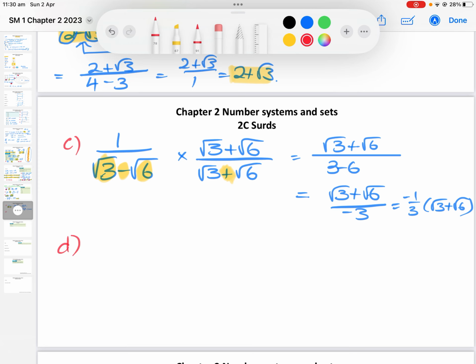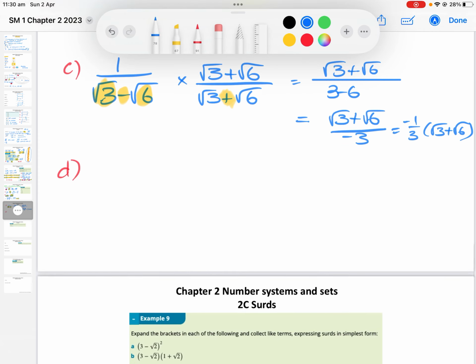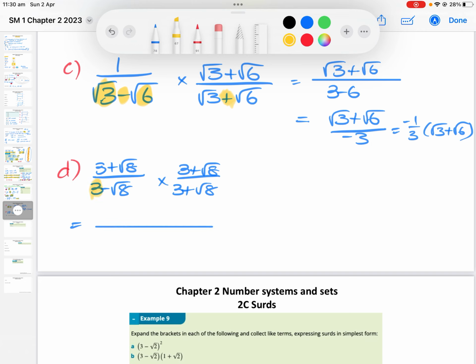And last one, let's have a look. We've got 3 plus root 8 on 3 minus root 8. Same technique, times by 3 plus root 8 over 3 plus root 8. So on the bottom, we're going to get 3 squared minus root 8 squared.